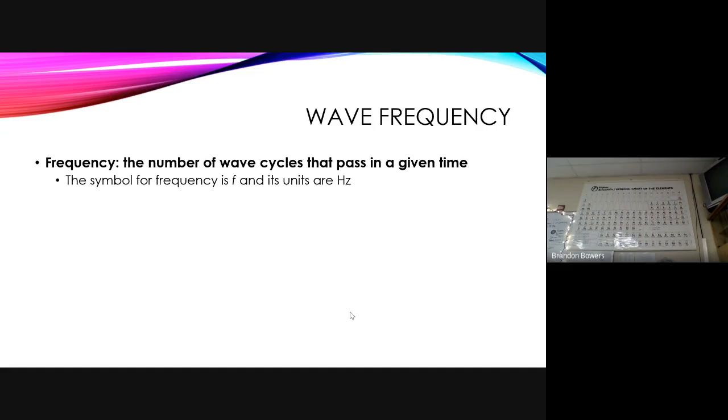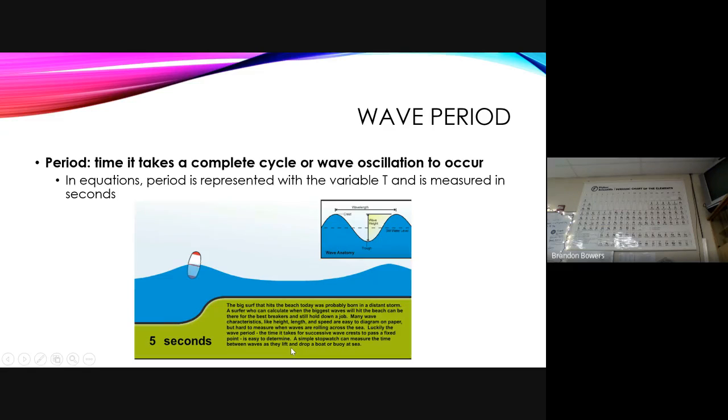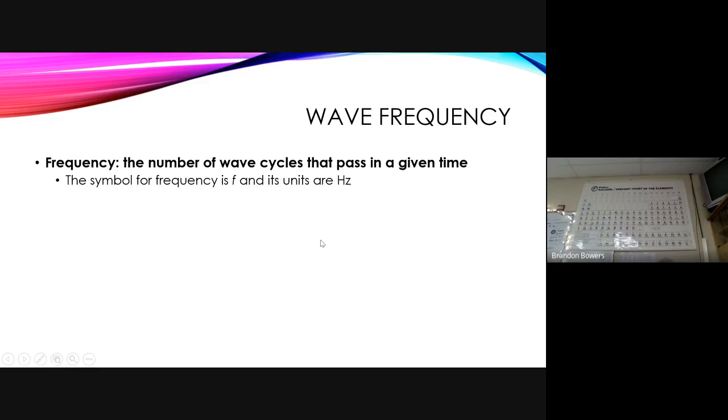I'm going to go back here for a second. The period, it's the time it takes to complete a cycle. So, from here to there, what is that time? How much time did it take from there to there?